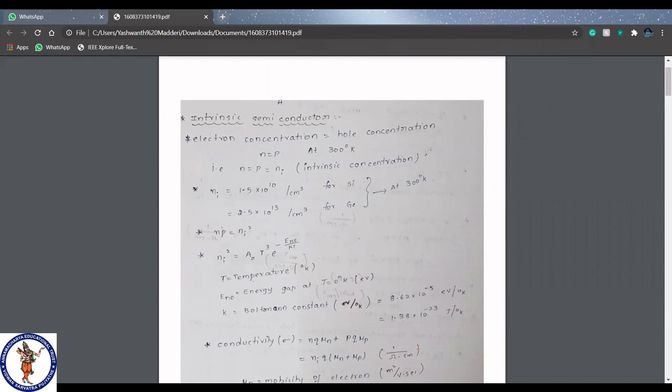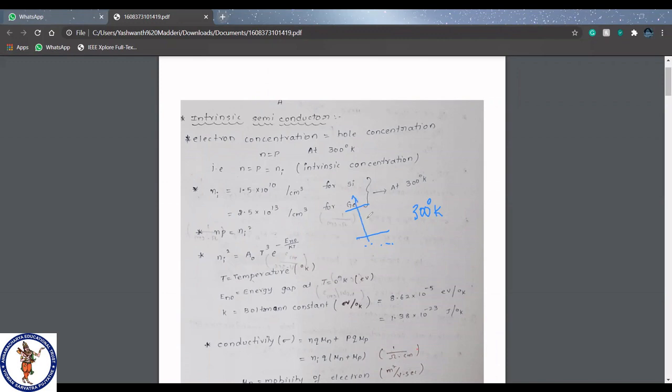But let us assume 300 kelvins. This temperature is more than enough for some electrons, not all the electrons, to move from the valency band to the conduction band.